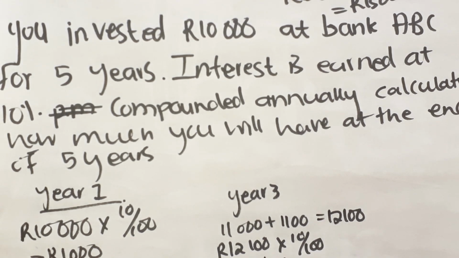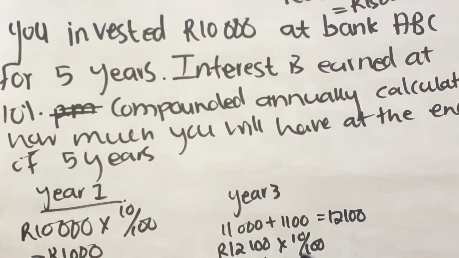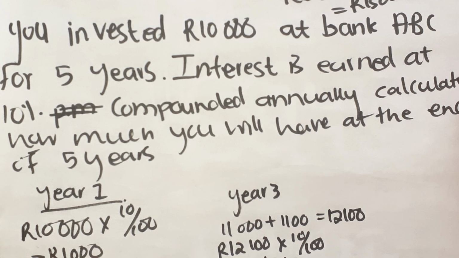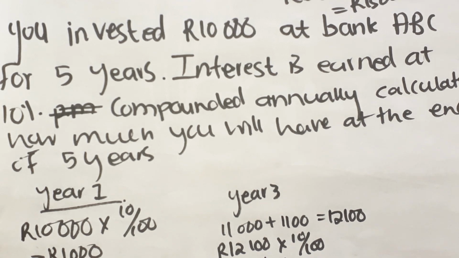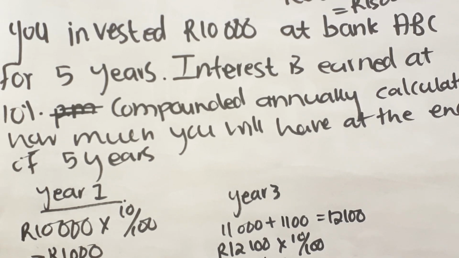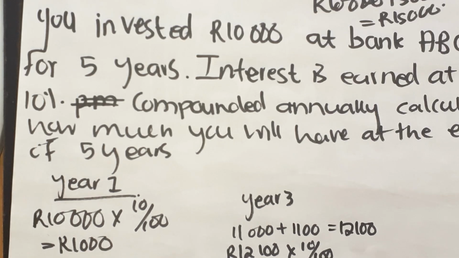And then we have year 4. In year 4, we have 12,100 rand plus the 1,210 which we got last year, and that will give us 13,310. Now at the beginning of the year, this is how much we have. We times it by 10%, again 10 over 100, and that gives us 1,331.